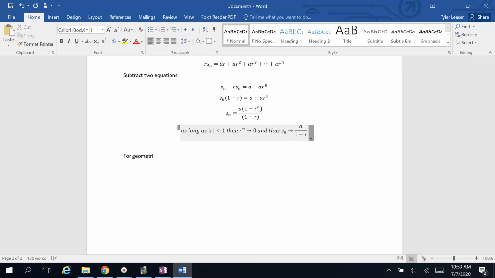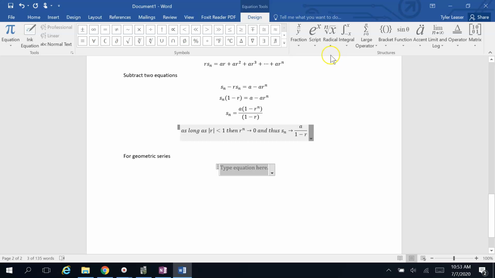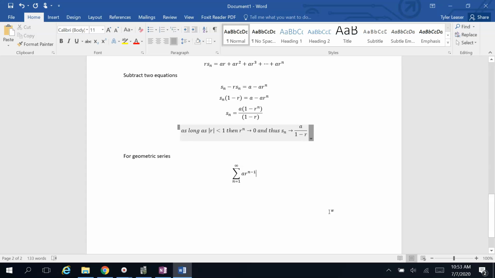For geometric series, remember, geometric series are in this form: the infinite sum from n equals 1 to infinity of a r to the n minus 1. So it has a constant value, and then it has some ratio r raised to the n minus 1 power.